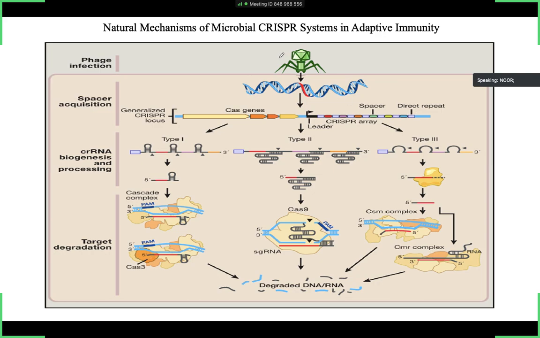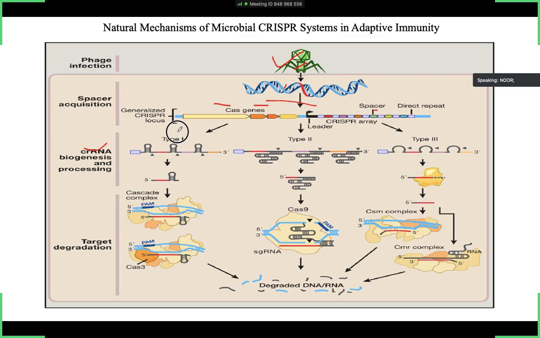The CRISPR system, as I have told you before, is the bacterial adaptive system. When a virus attacks the bacteria, the invaded genome goes to the spacer regions of the bacteria, and as these spacer regions are acquired by the host genome, there will be biosynthesis of CRISPR RNA.